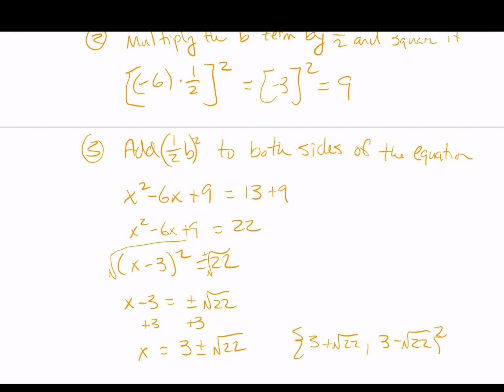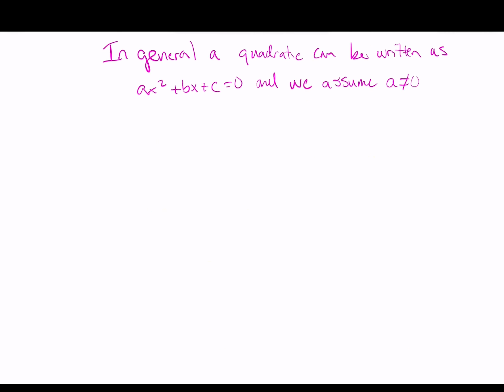And this works in general for solving quadratics. You can always complete the square, even in cases where it doesn't factor. You can always do this, which will eventually lead us to being able to use the quadratic formula to solve quadratic equations. And we can actually derive the quadratic formula using the completing the square method, which we will do now.